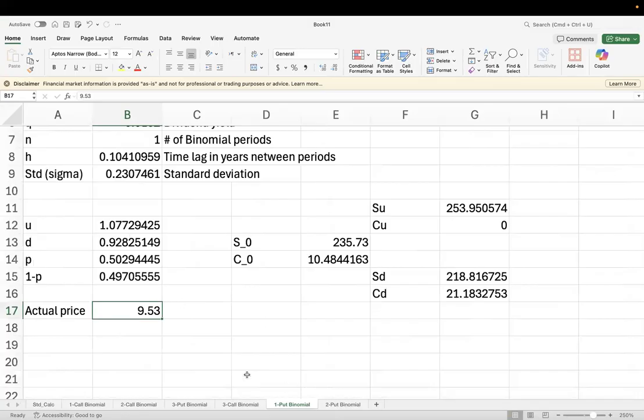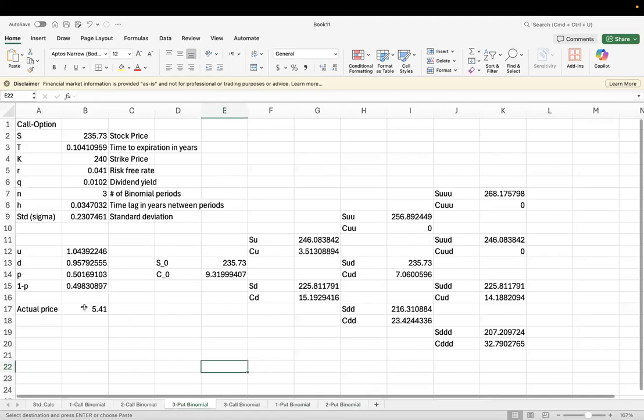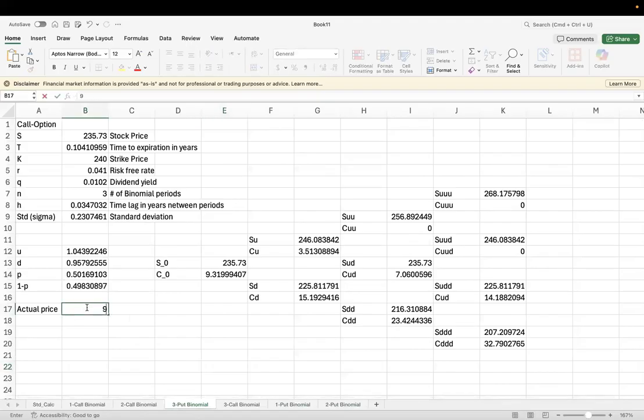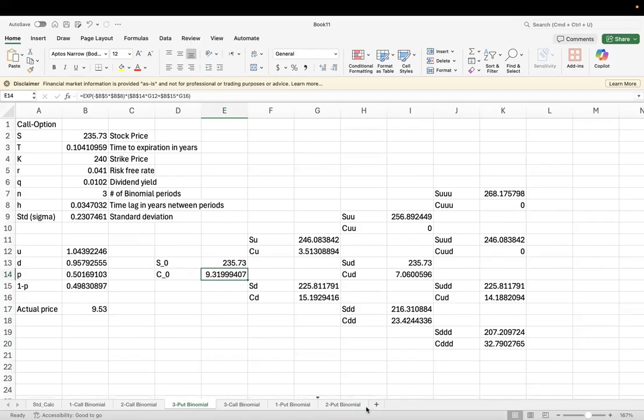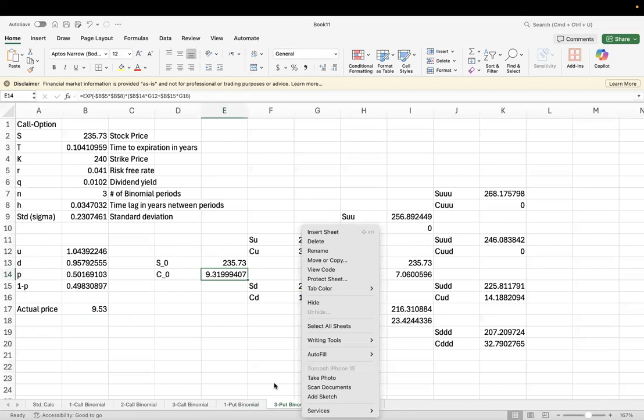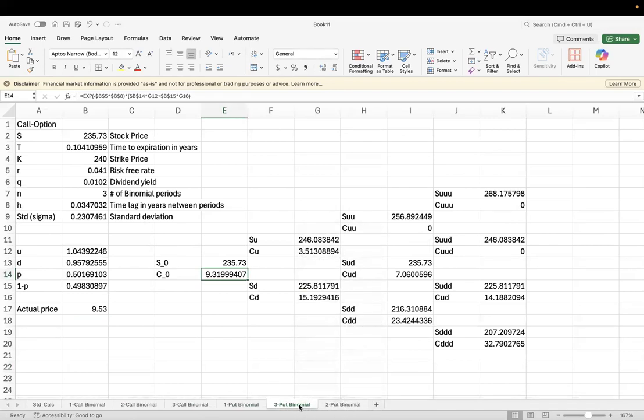Yeah, so copy that and three puts, 9.453. And you can see that the number is getting more and more accurate. So 3 put binomial is definitely more accurate than 2 put binomial.